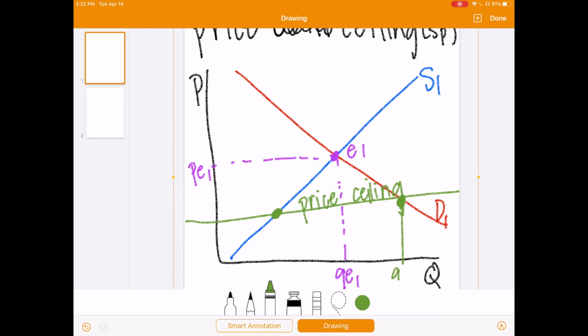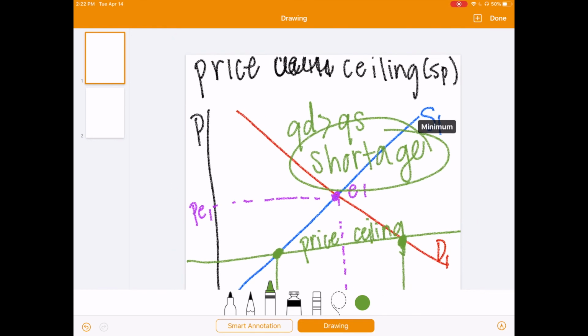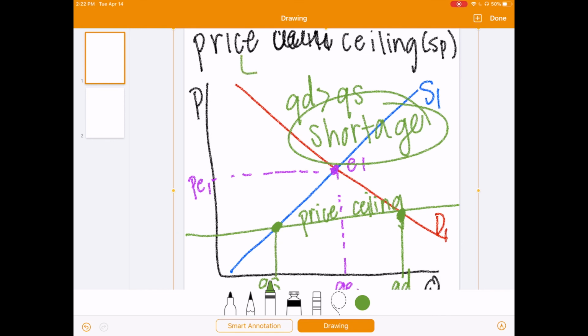If I draw down to my quantity axis, you'll see where I labeled quantity demanded and quantity supplied. My quantity demanded is greater than my quantity supplied, which means there is a shortage.